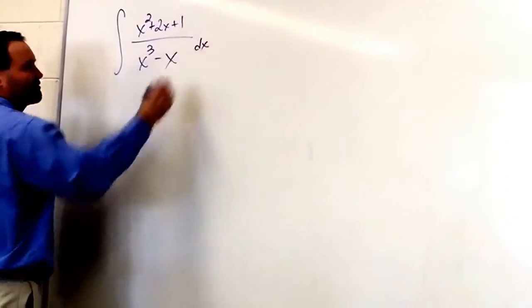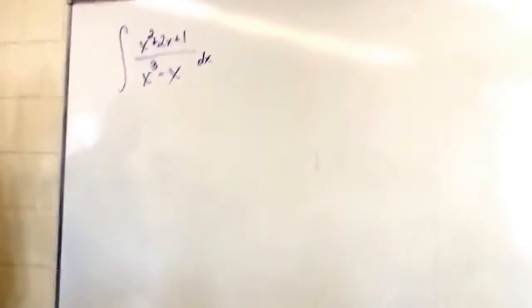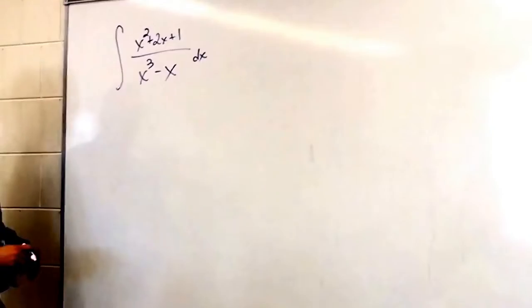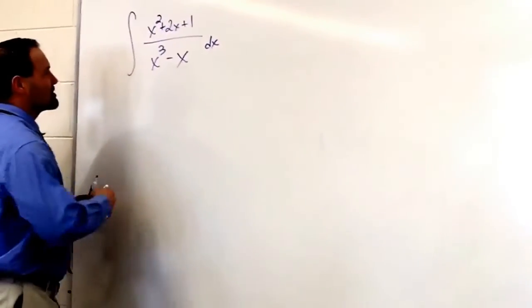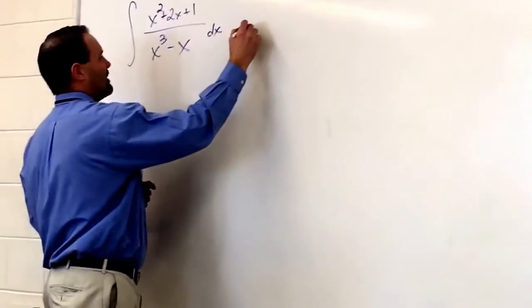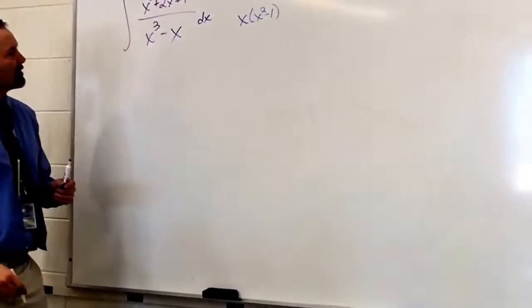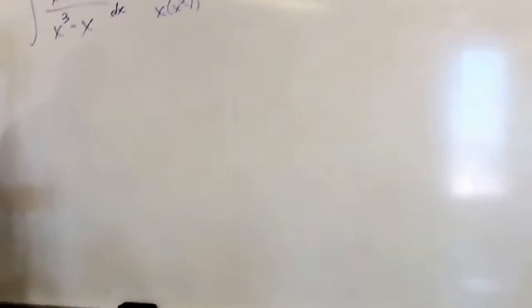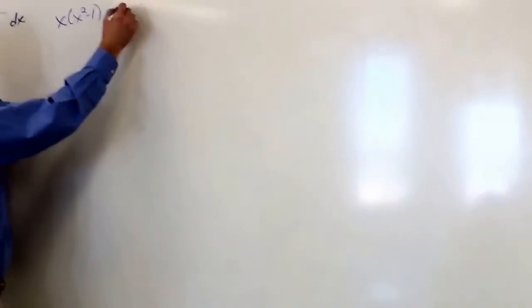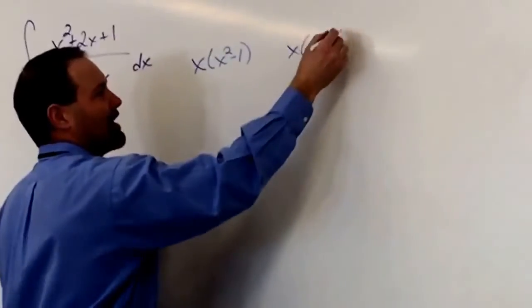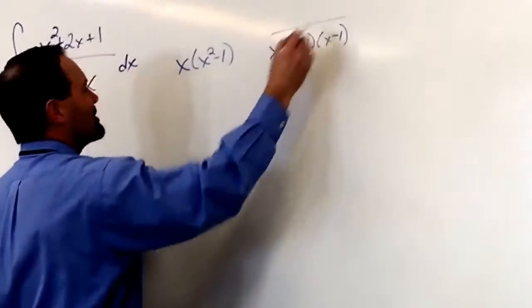Alright, so again, we need to factor out the bottom. So the bottom factors to be x times x squared minus 1, so it's x times x plus 1, x minus 1.